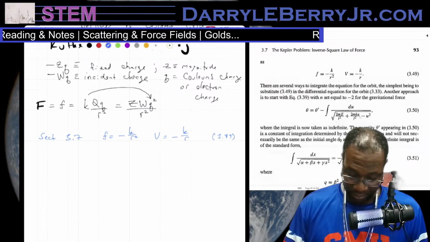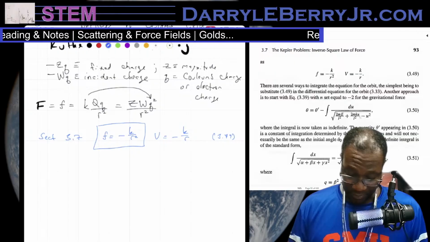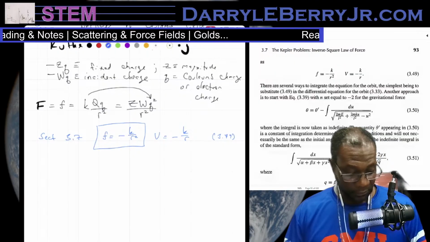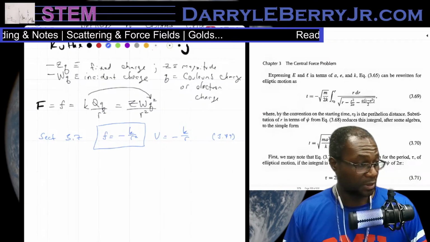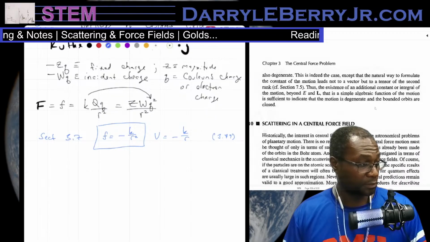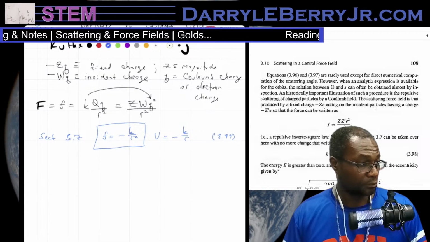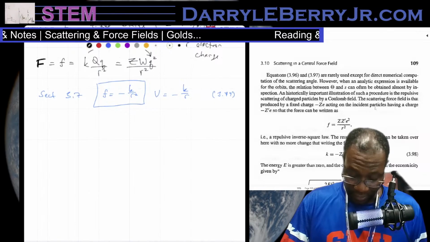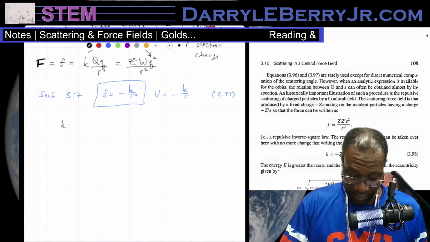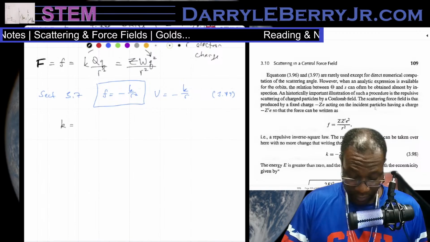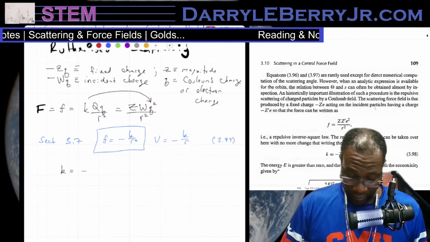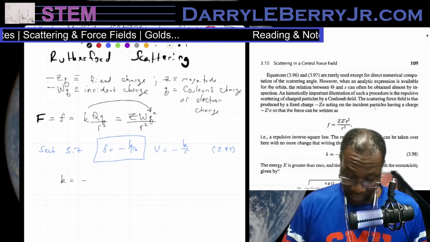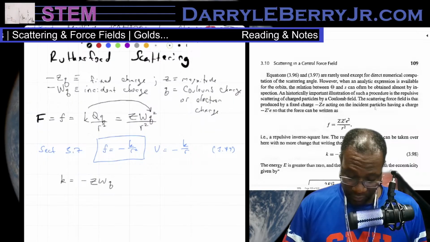I saw a more complicated one, but this one is actually better. We're looking at this right here. So going back to the section in question, that's why they're saying that K equals negative. So I'm going to use my notation. Negative Z W Q squared.